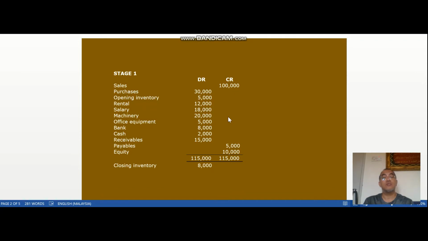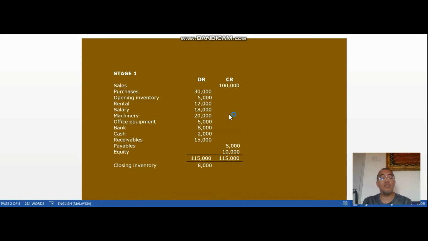Okay, so first of all, before we move on to the statement of profit and loss and also the statement of financial position, we need to separate the items between the SOCI and SOFP.